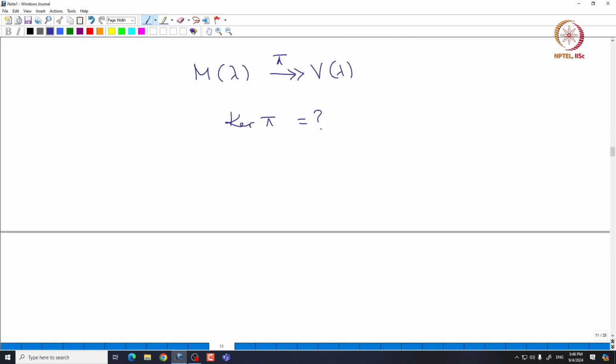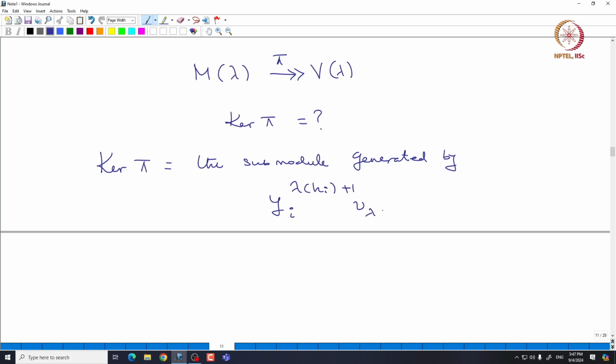If you take this kernel pi, one can claim that this kernel pi is indeed the submodule generated by the elements y_i to the power lambda of h_i plus 1, applied to v_lambda, for all i in the indexing set I, which is 1 to n minus 1 in this case.